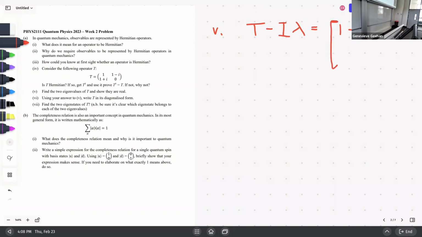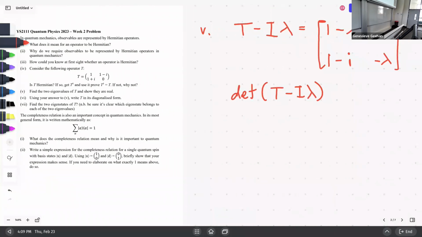If you're unfamiliar with this or you struggled with this, just go back to your linear algebra math course or do a bit of practice finding the eigenvalues. Or also just let me know later when we're working and I can explain it to you in more detail. So just finding the determinant.